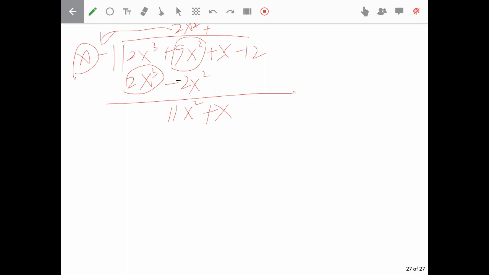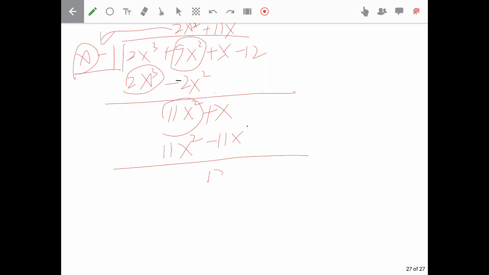Plus 11x, because x times what equals 11x squared. Alright, 11x. Then 11x times x minus 1 will be 11x squared minus 11x, then minus 11x squared, right? And make the difference.